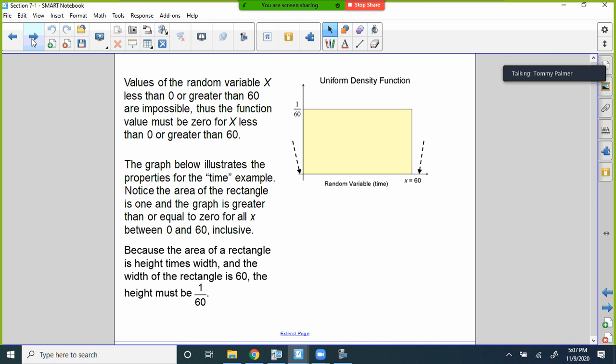If you look at this graph, you note that the y-axis is sitting there at 1 over 60, right? That's a uniform distribution, okay? Because all of the things that we're looking at are uniform. They all have the same probabilities. And if you look at the x-axis, you're starting at 0, and it goes all the way out to 60, right?